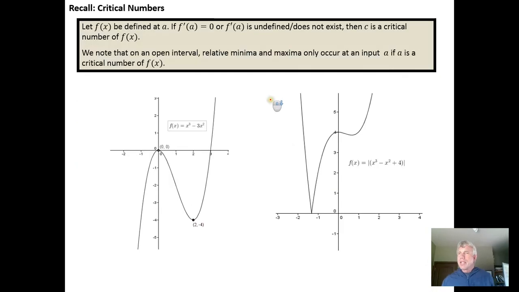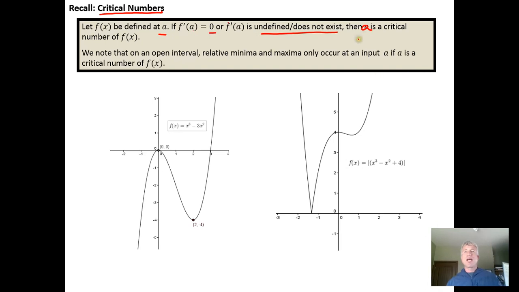And then in Calc 1, when we tried to find relative maxima or relative minima, we needed to find critical numbers. So let's remember how we defined critical numbers in Calc 1. We said, if we have a function defined at a and we discover that f prime of a is equal to 0, or if f prime of a is undefined or doesn't exist at a, then a is a critical number of f of x.